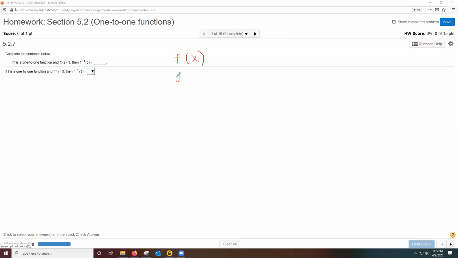So for example, if we were to say f of 4 equals 3, then this 4 is the x value and this 3 is the corresponding y value. So if I was to write this in xy notation, this would be the point (4, 3).